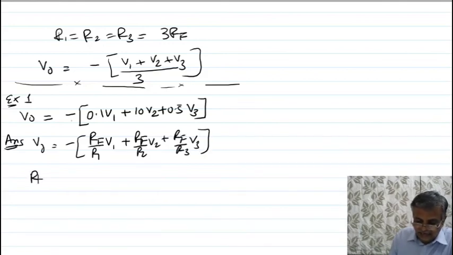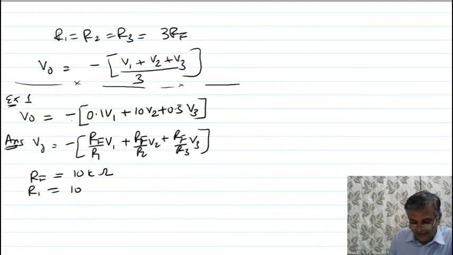So take RF equal to 10 kilo ohm, R1 you will get 100 kilo ohm, so you will get 0.1. If I take R2 as 1 kilo ohm, I will get 10.